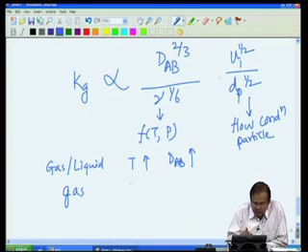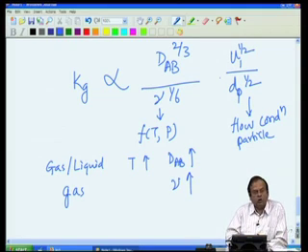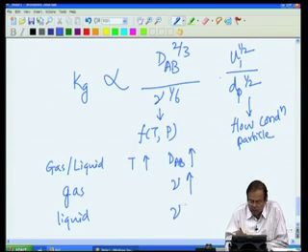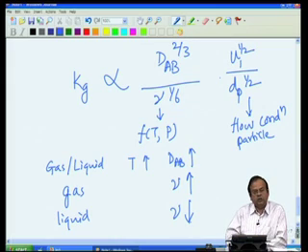For gases, as we increase the temperature, kinematic viscosity also increases, whereas for liquids, as we increase the temperature, kinematic viscosity decreases. So, depending upon whether we are looking at a gas-solid system or a liquid-solid system, temperature will have a different effect on the mass transfer coefficient, but whatever it is, it is weak compared to the effect of temperature on the reaction rate kinetics.